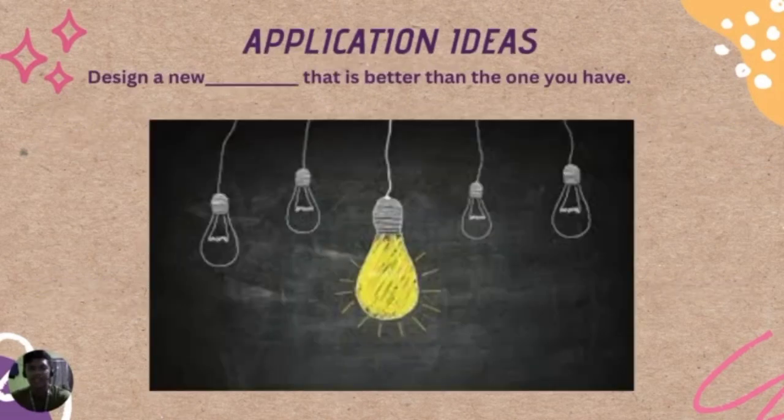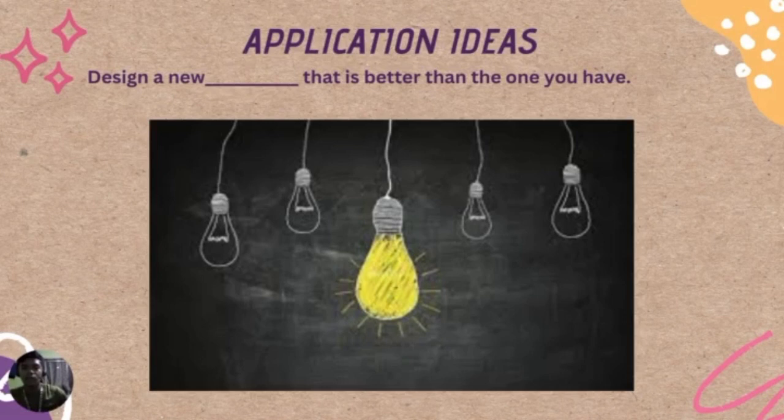So for the application ideas, design a new blank that is better than the one you have. So in this picture, you can see design a new bulb. Bulb means the idea. Design a new car that is better than the one you have. You will be able to make another unique car out of what you have.